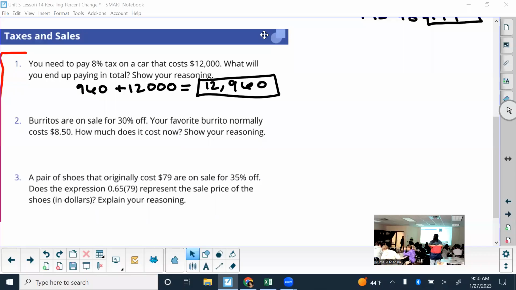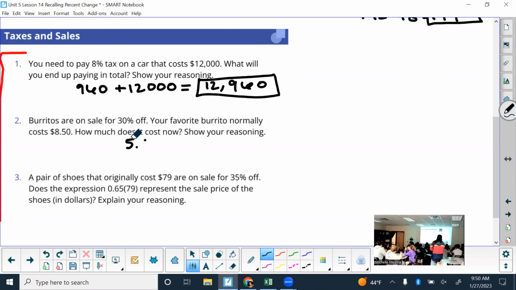So good. Table 3, burritos are on sale for 30% off. Favorite burrito normally costs $8.50. How much does it cost now? $5.95. Anyone disagree? Okay, that is correct. Because we need to figure out what 30% off is of $8.50. How can I figure that out?